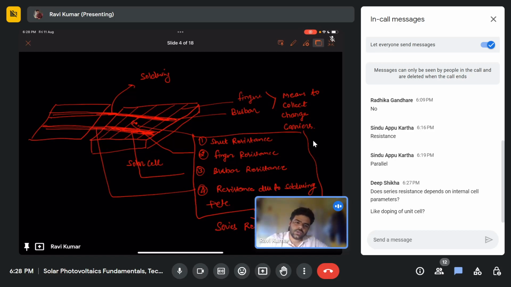All the things included in the electrical model are known as parameters of a solar cell. And like I just told you, VMPP, IMPP, VOC, ISC, those are the performance parameters.